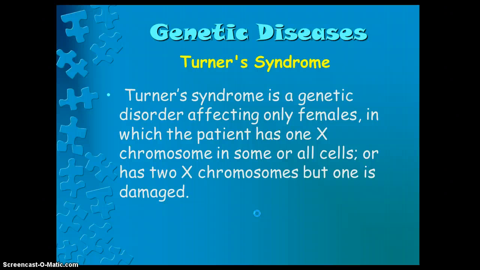We also have Turner syndrome, and you'll learn about this too. Turner syndrome is a genetic disorder affecting only females in which the patient has one X chromosome in some or all cells, or has 2 X chromosomes but one is damaged.